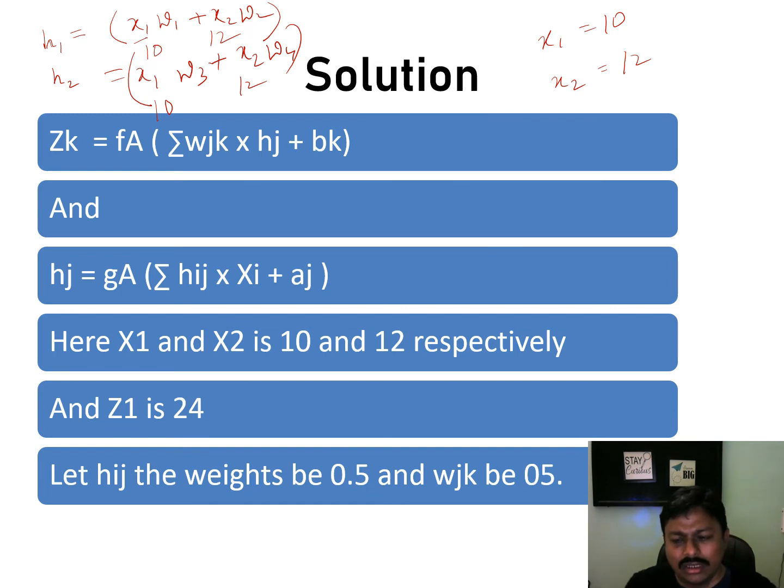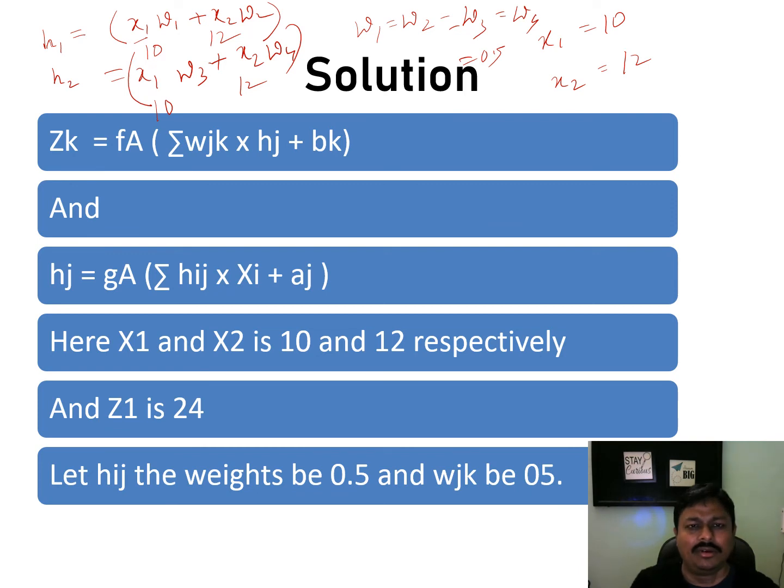So let us start the iteration process by changing the weights W1, W2, W3 and W4. They have said that all these W1, W2, W3, W4 are 0.5. They are assuming like that. They are beginning from 0.5.